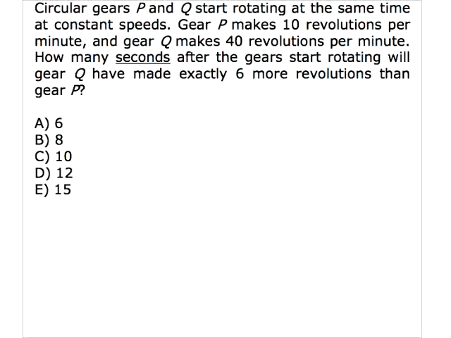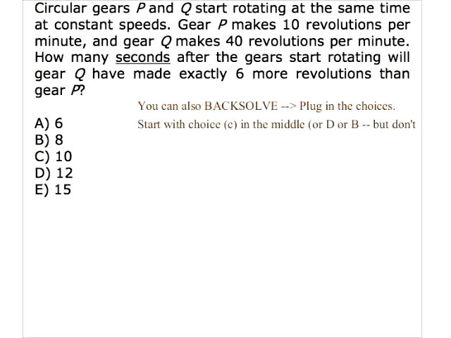In other words, just plug in the choices. Start with choice C in the middle, or D or B, but don't start with one of the extremes. Because if a middle choice is eliminated, you're getting rid of more possibilities.